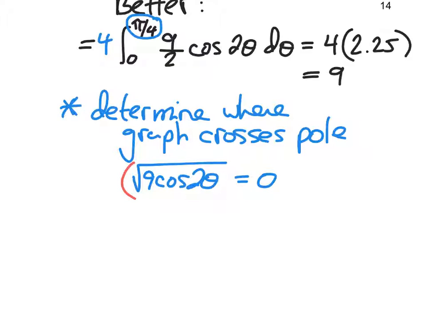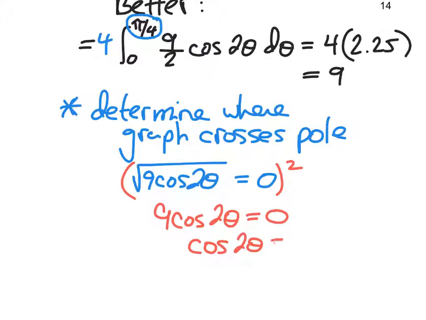So we set the function equal to 0: 9 cosine 2 theta equals 0. Divide out the 9: cosine 2 theta equals 0. You're still going to have to know a trig fact in order to get this.